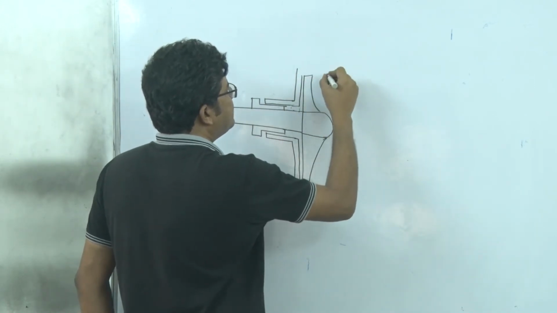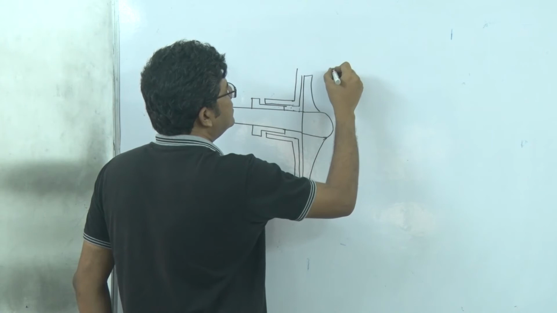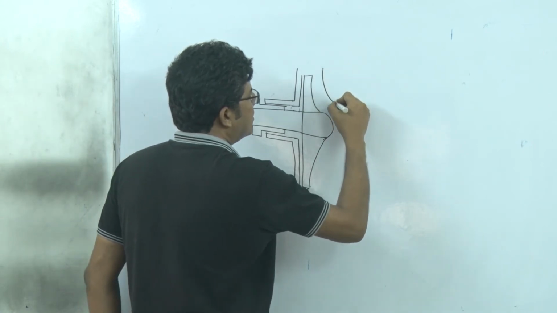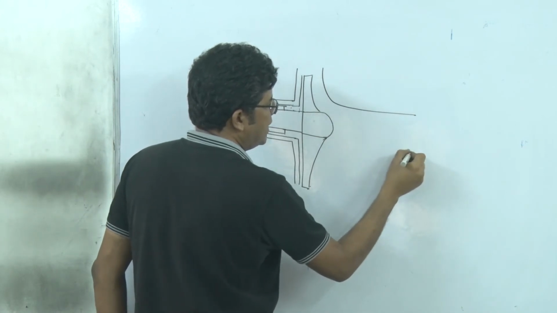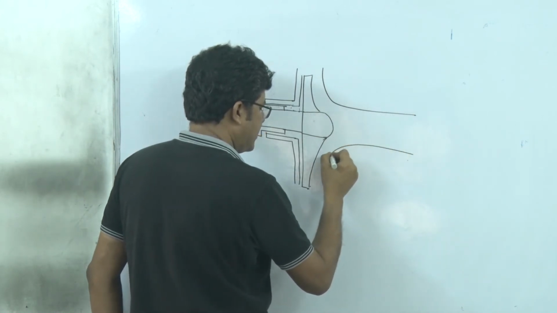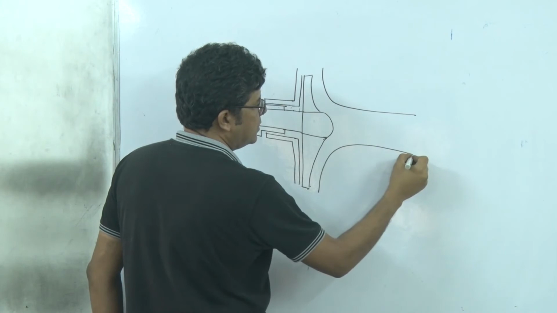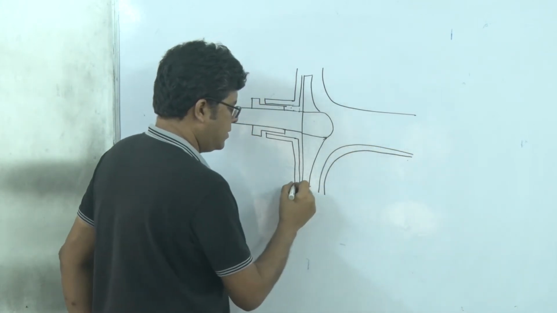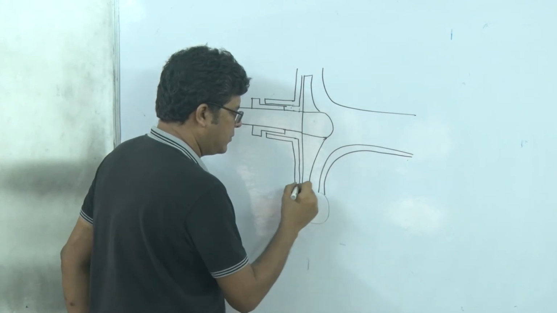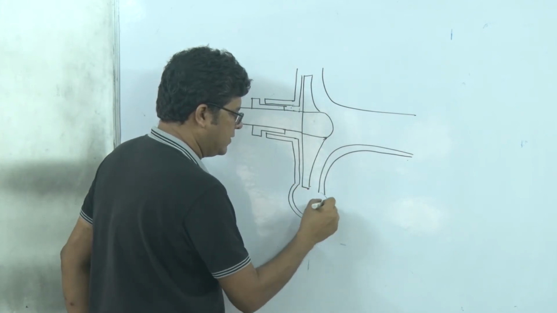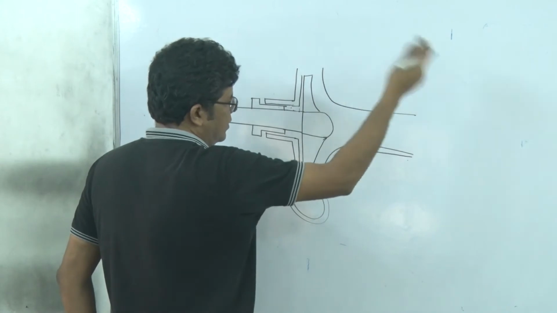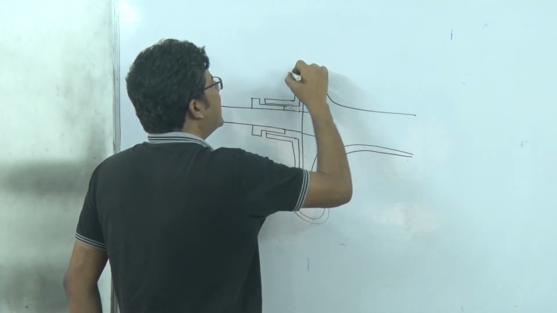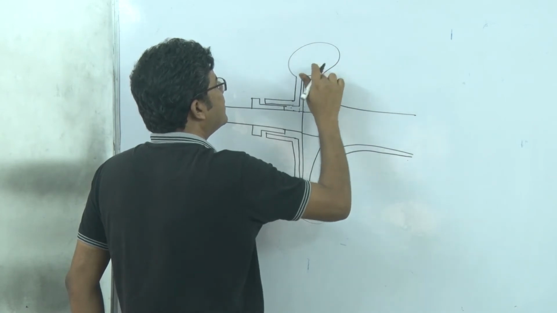And here we will have the inlet. And there is a spiral part of the casing. We will discuss it once we draw the front view. This is the spiral part of the casing.